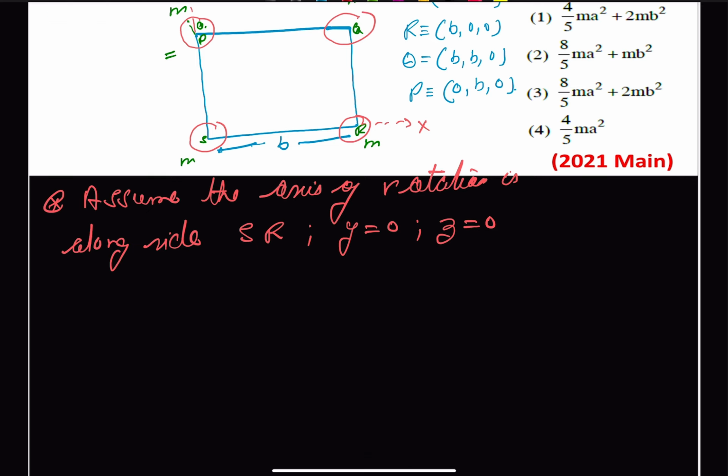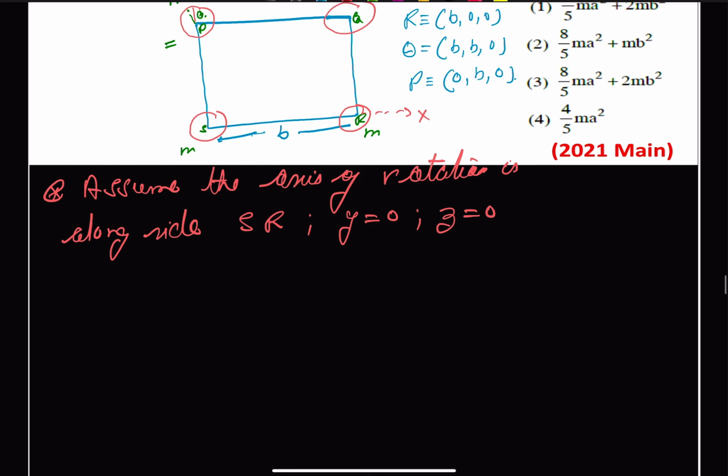First of all, let's find out the moment of inertia of a single sphere along its own diameter.